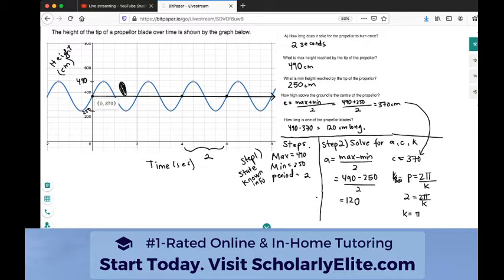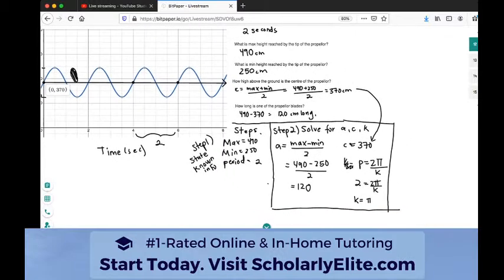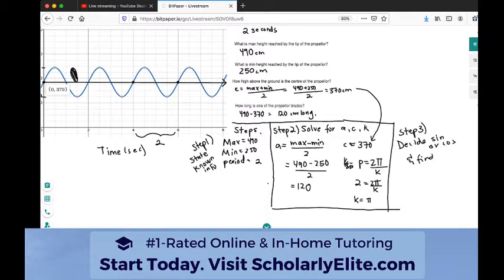So I've now solved some pretty key factors. What I'm missing though are two things. First, in my step 3, I'm going to decide sine or cos and find the phase shift. So the reason that this is together is because when I'm deciding whether it's sine or cos, that's how I can actually determine if there's a phase shift or not.